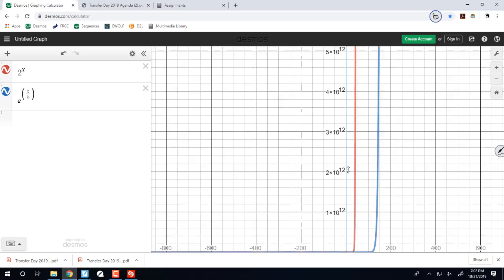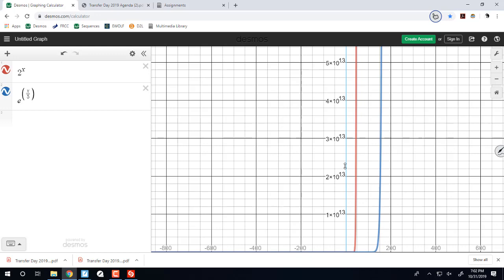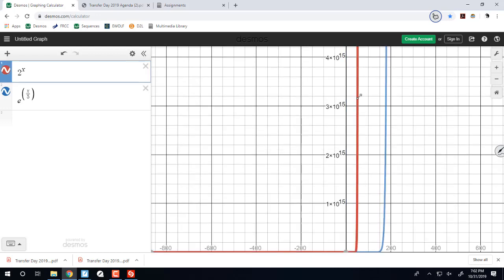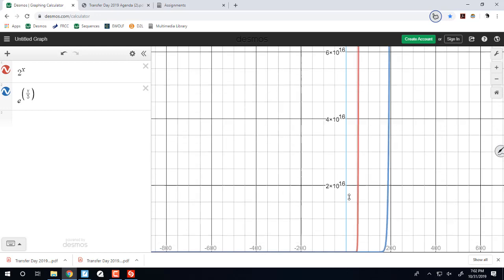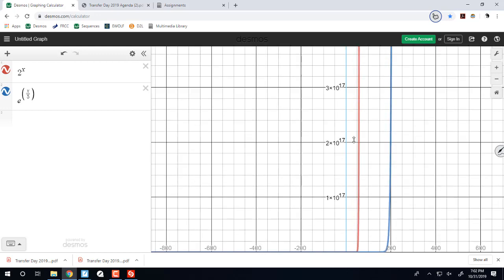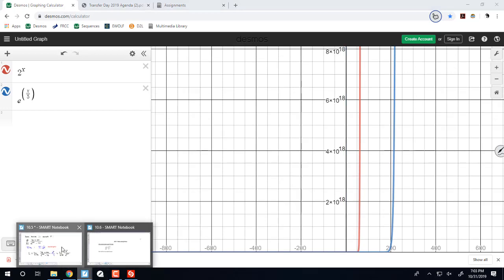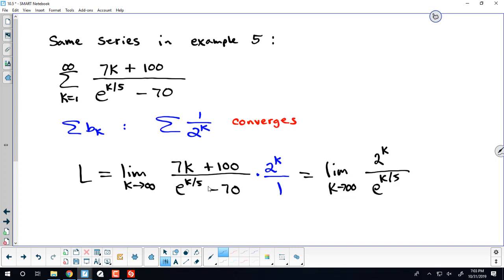Maybe we can't capture it, I don't know. It's not looking good. We're at 10 to the 15th. Still 2 to the x is outweighing e to the x over 5. All right, so maybe we're not convinced.